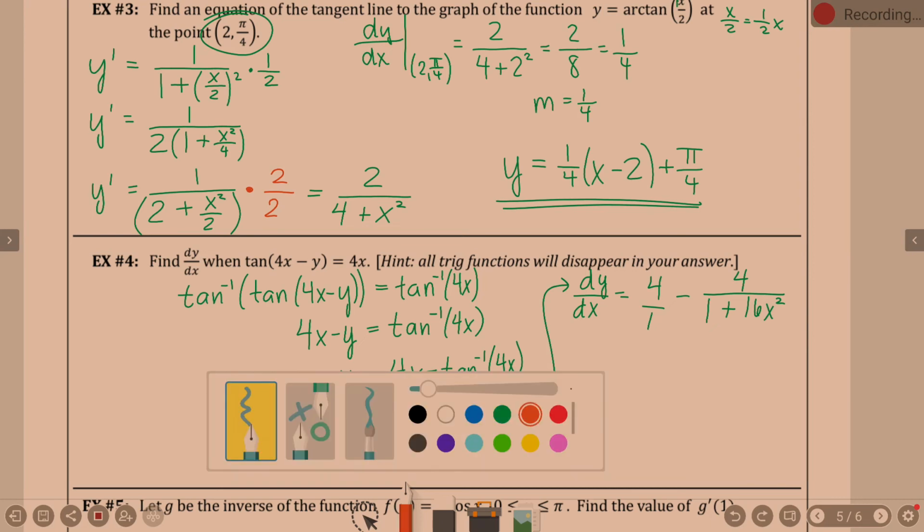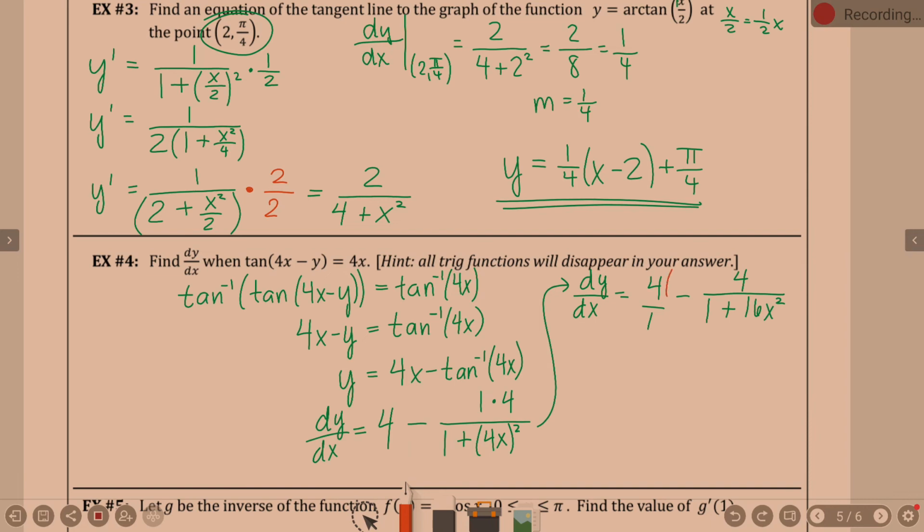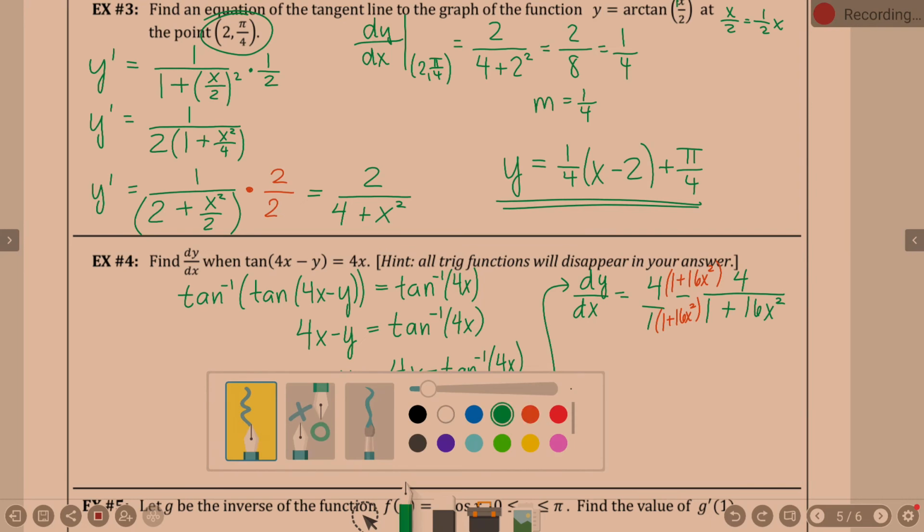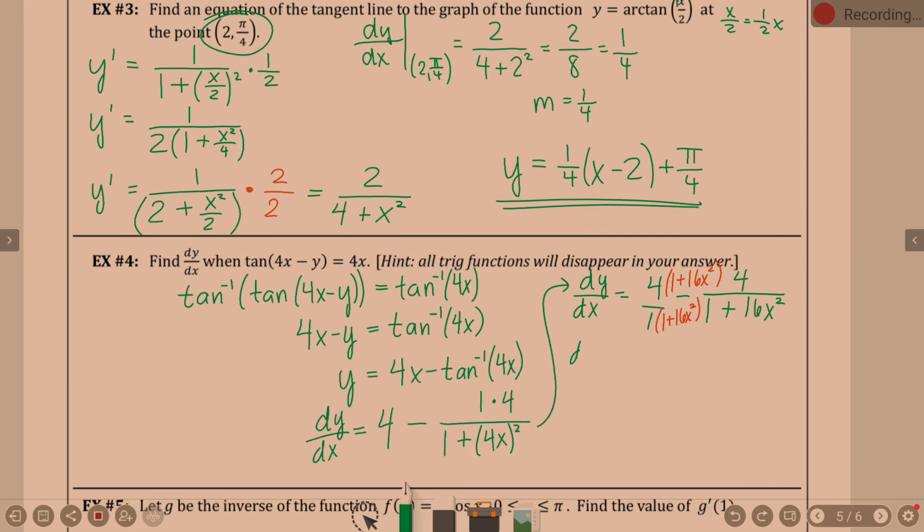Basically, this 4 has to multiply by 1 plus 16x squared, right? So when I do 4 times 1 plus 16x squared, 4 plus 64x squared, minus the 4 from the second fraction, all over 1 plus 16x squared.